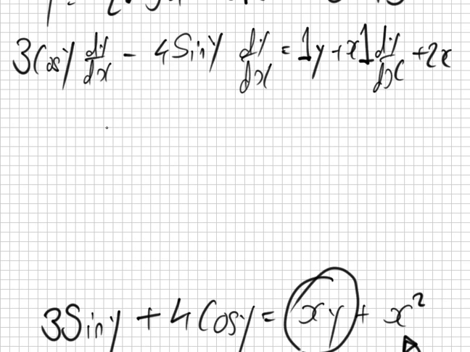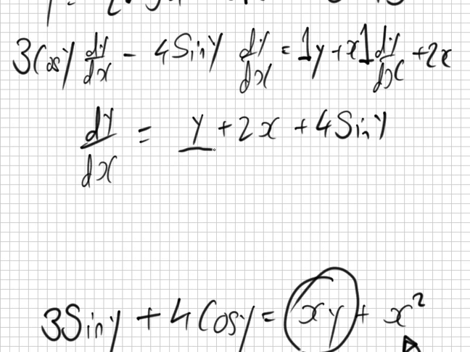So after some rearranging, you'll end up with dy dx equals y plus 2x plus 4 sine y over 3 cos y.